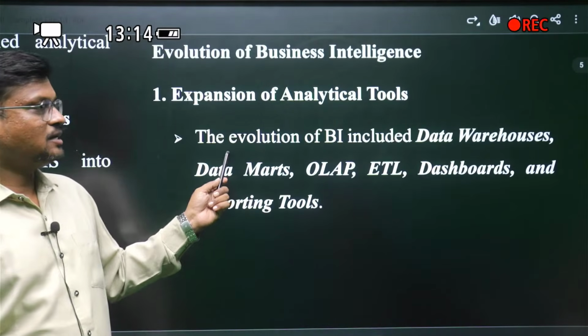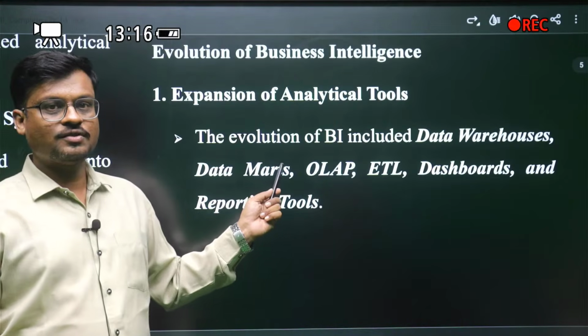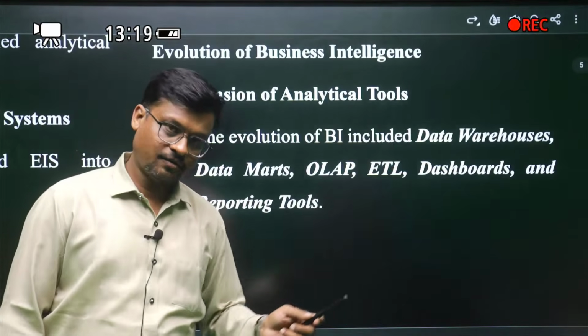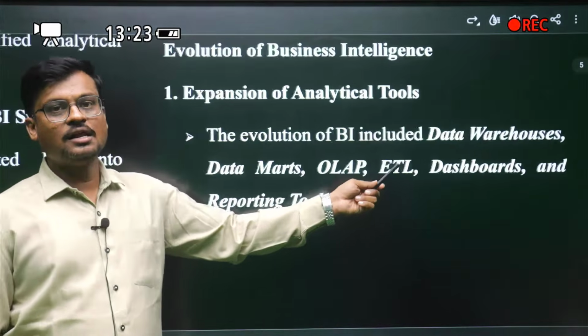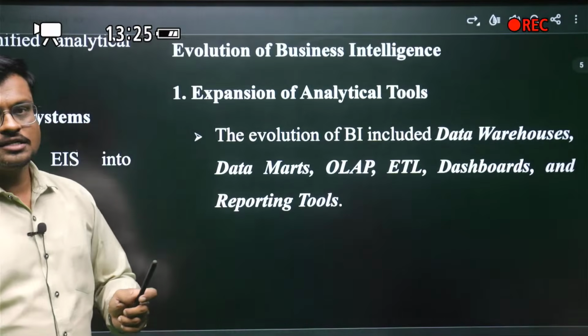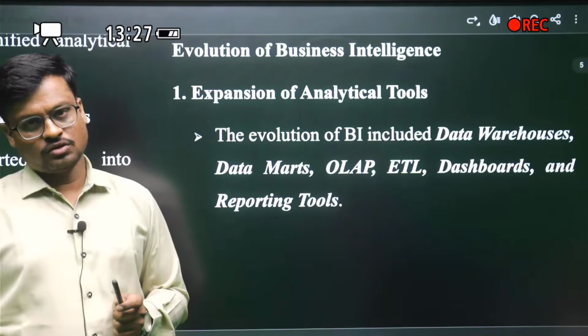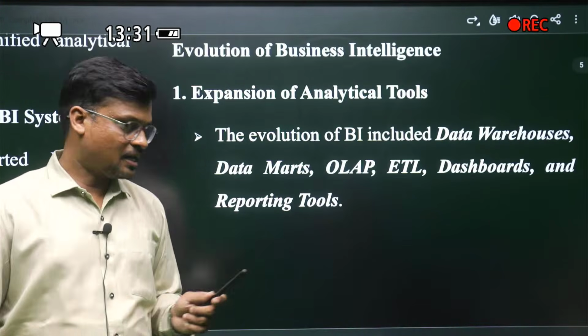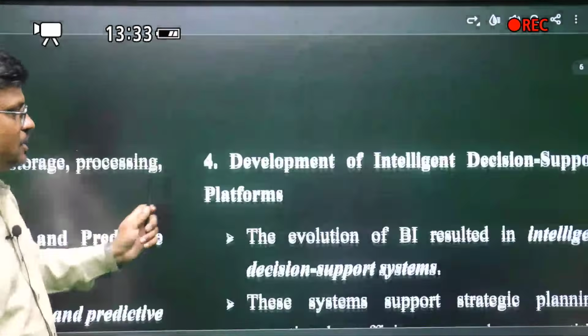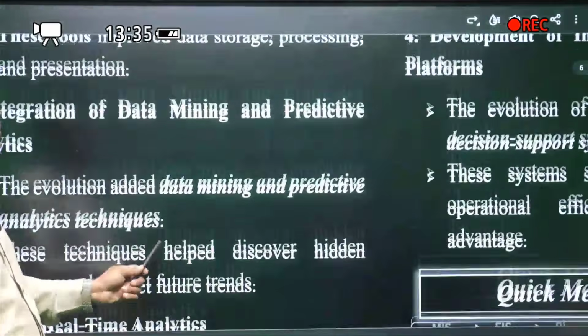All these things were integrated into BI, business intelligence, right? So the evolution of business intelligence has included data warehouses, data marts, OLAP, ETL, dashboards, and multiple reporting tools. So the manager's job and the analysis have become so simple that at your fingertips you'll be able to do all these things.